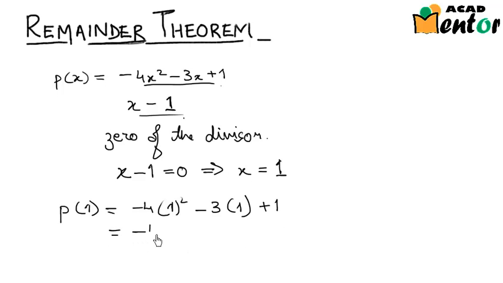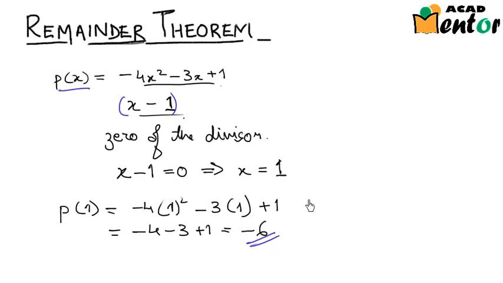Now this is equal to negative 4 minus 3 plus 1, and that would be equal to minus 6. Now what if I tell you we already have our answer? Yes, the remainder when p of x is divided by x minus 1 is nothing but this number here, that is minus 6. Yes, simple and short, wasn't it?